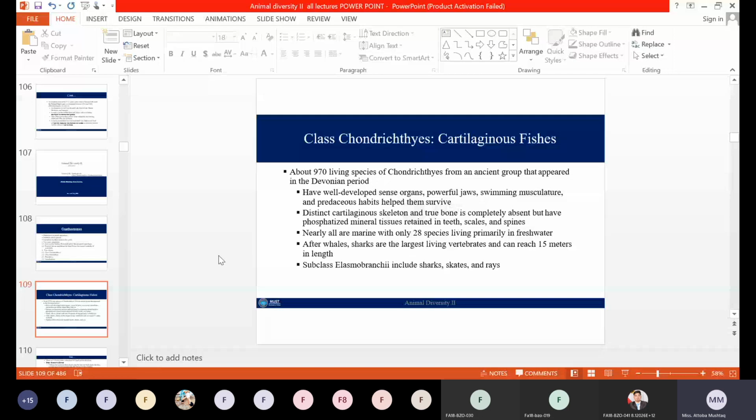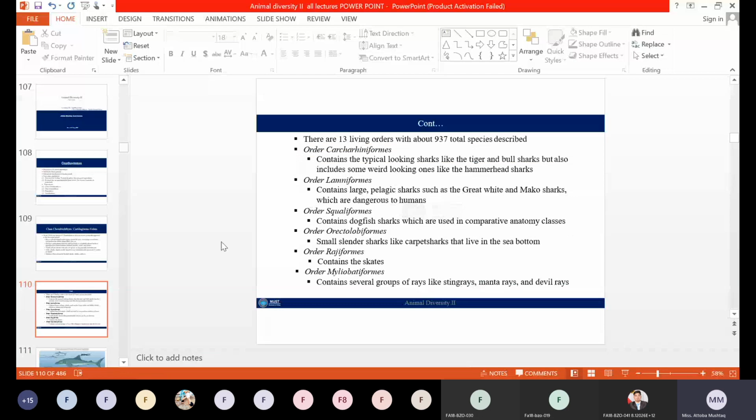If we talk about subclass Elasmobranchii, as we have subdivided Chondrichthyes into different subclasses, the skeleton is made up of cartilage, but it is somehow partially ossified or partially bony.